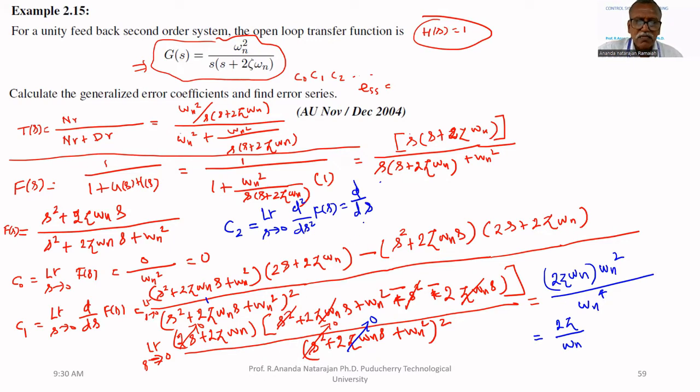That is what? 2s plus 2 zeta omega n multiplied by omega n square upon S square plus 2 zeta omega n s plus omega n square to the power 2.